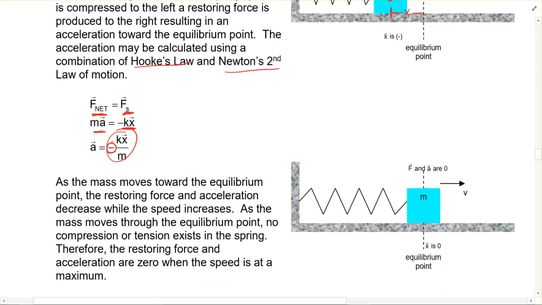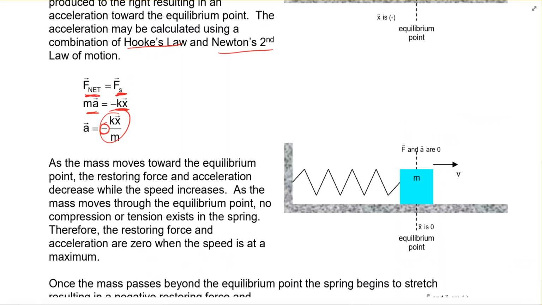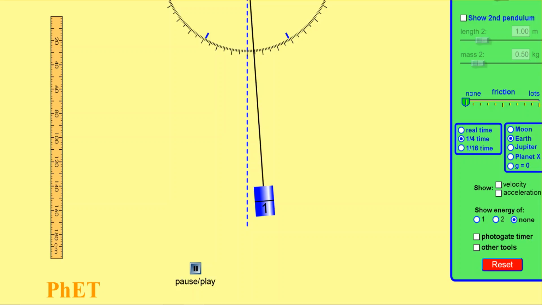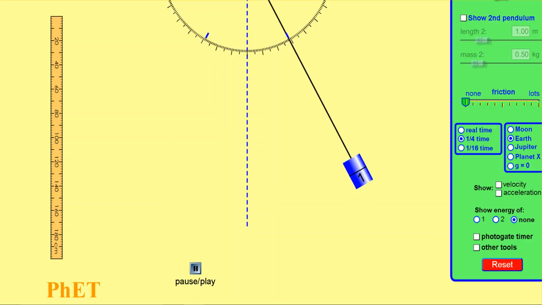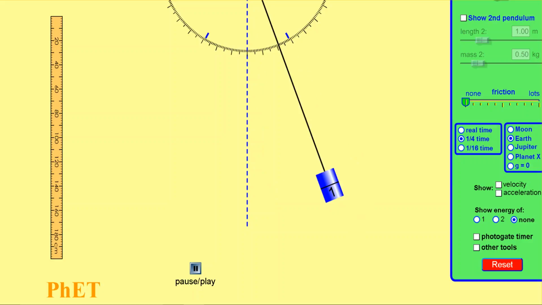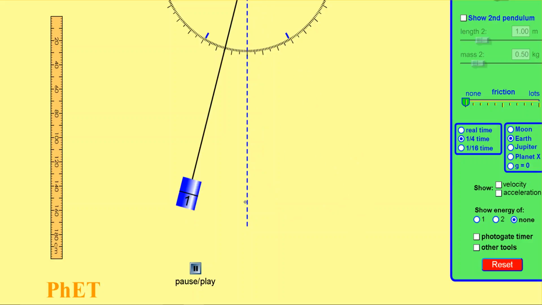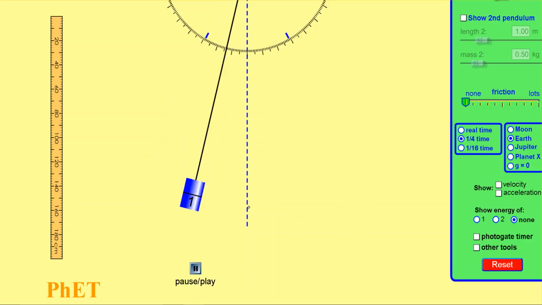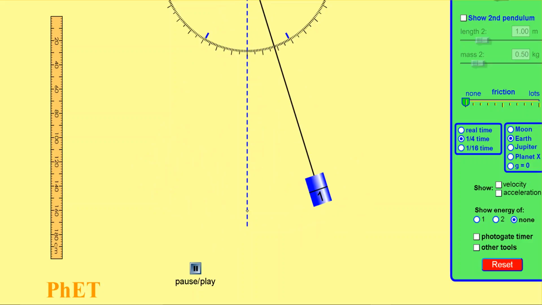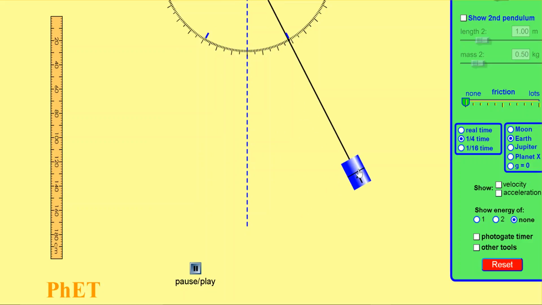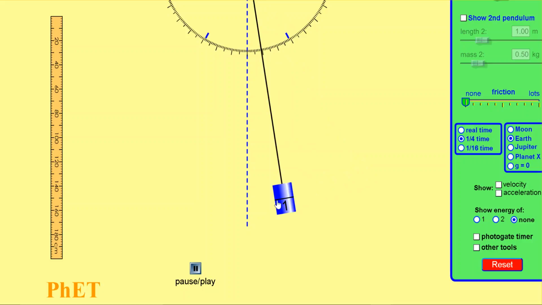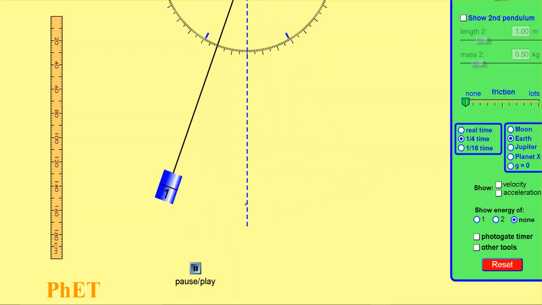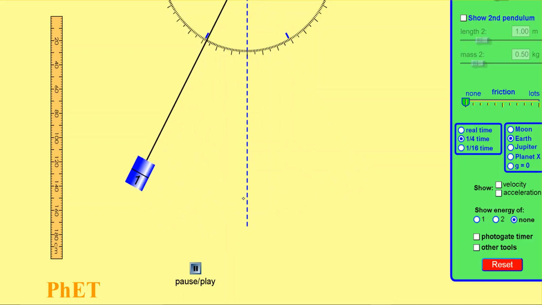Before I move on though, I just want to go back to pendulums for a second. Let's say you've got this pendulum swinging back and forth, and I ask, what is the acceleration right when it crosses our equilibrium position? You might think this thing is going its fastest right there, and we know it has its most kinetic energy right there.